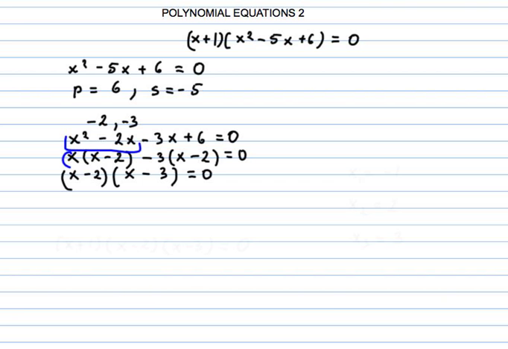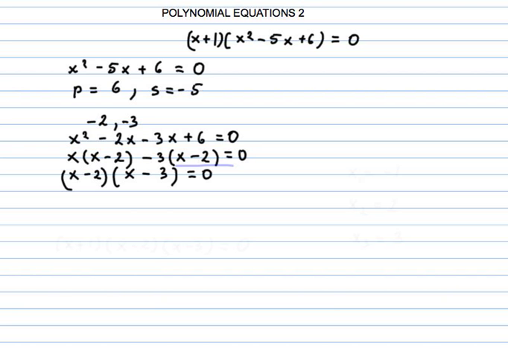So that goes out. For these two terms right here, the common factor is -3. So you take it out. So this is why that line right here has this format: x common factor in brackets x minus 2, minus 3 in brackets x minus 2.